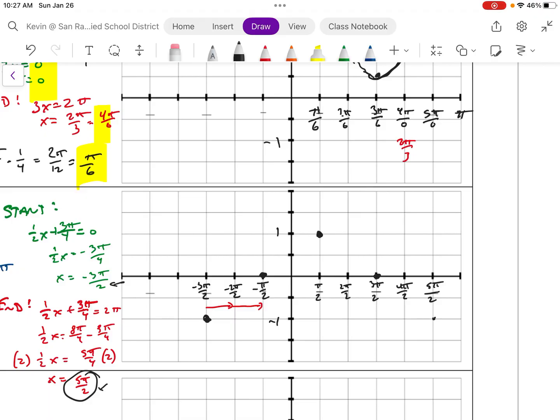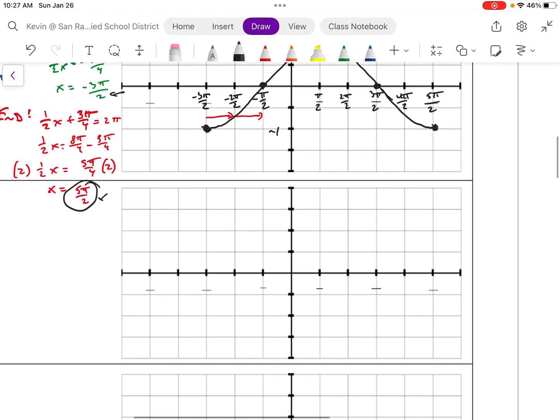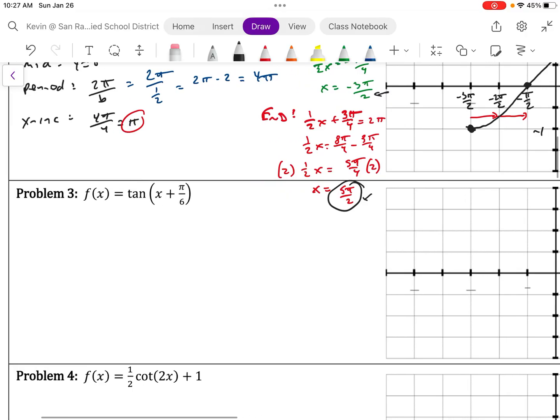I have to go all the way over here, and then come down to here and then finish here. Okay? So I have to make sure that I'm being very careful about those x increments. That's not a very good graph. Is my spacing right? Yes, my spacing's okay. It just looks a little bit funky.